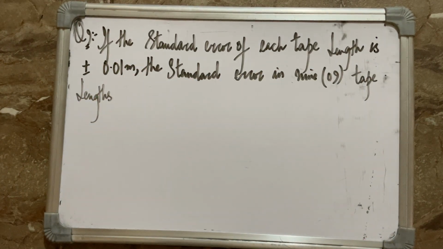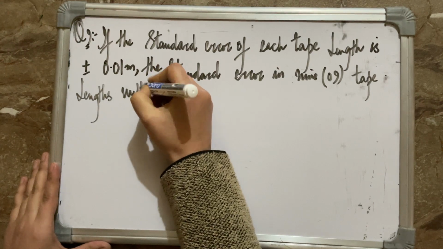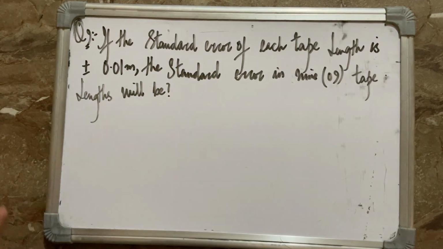So the question is, if the standard error of each tape length is plus minus 0.01 meters, the standard error in 9 tape lengths will be?